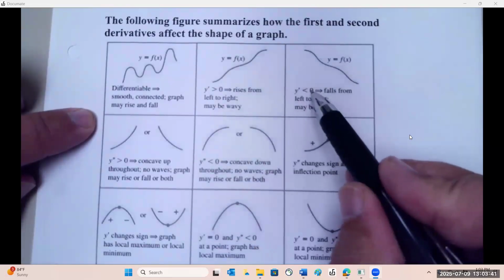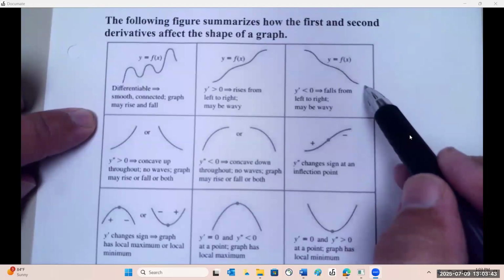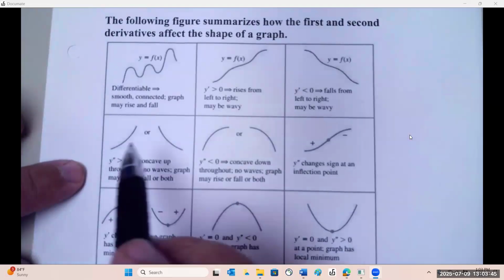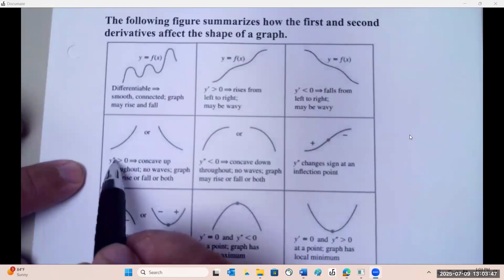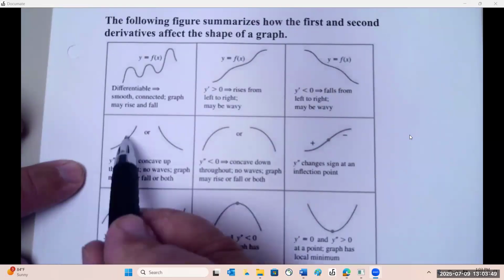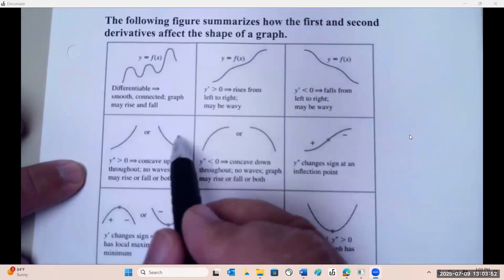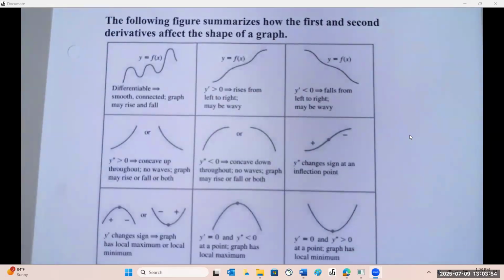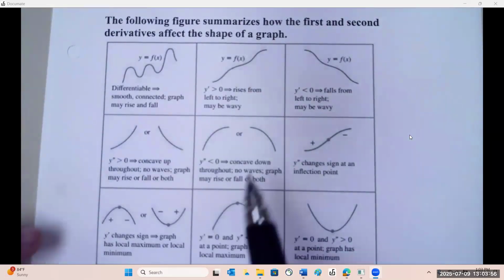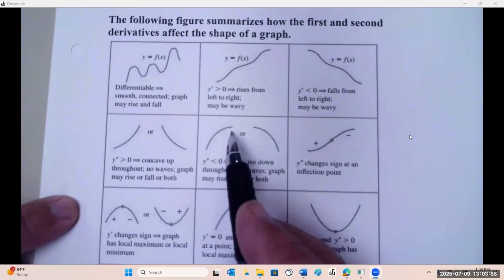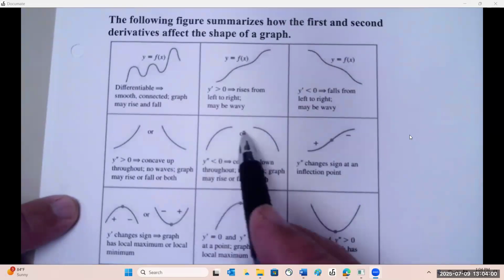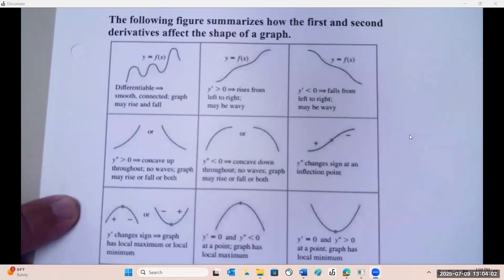If the first derivative is negative, it's a decreasing function, it goes down. If the second derivative is positive, it's concave up. It can look like this, if it's an increasing or decreasing function. If the second derivative is negative, it's concave down, depending on whether it's increasing or decreasing.